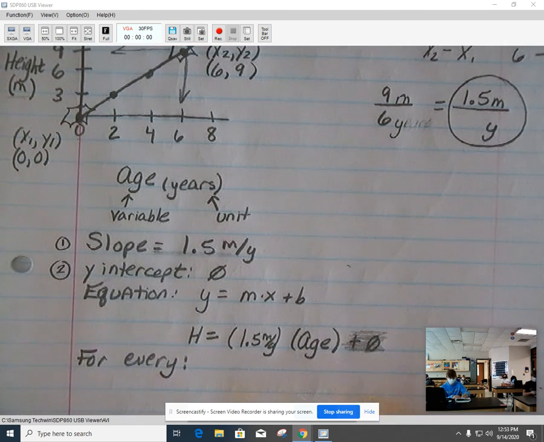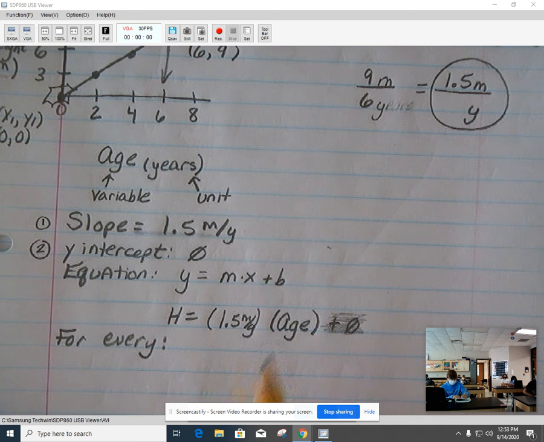So with this, what I think is really cool is it helps us make predictions. If you've got a tree that grows 1.5 meters every year, if that tree is 10 years old, how tall should it be?